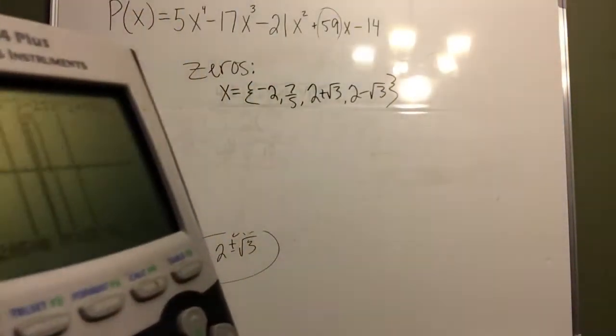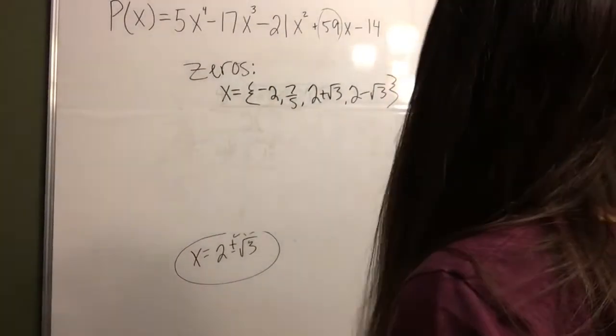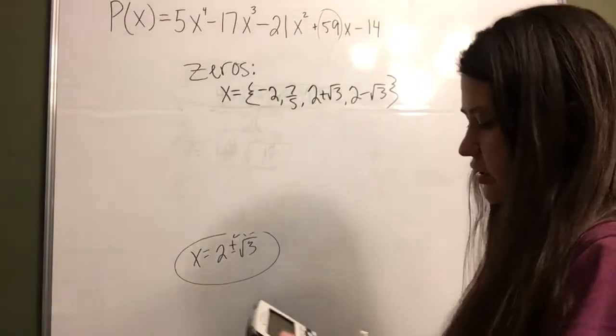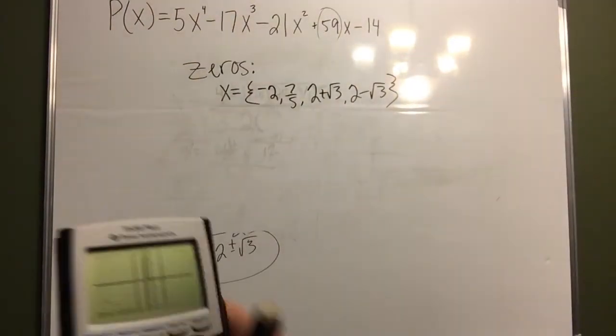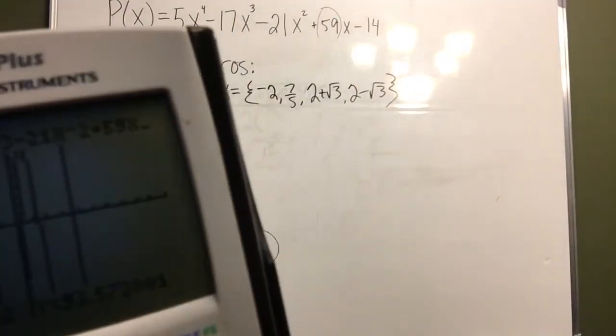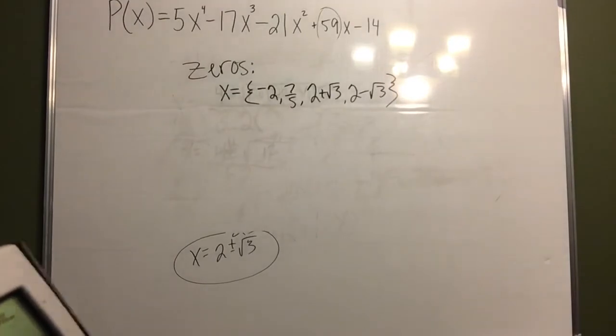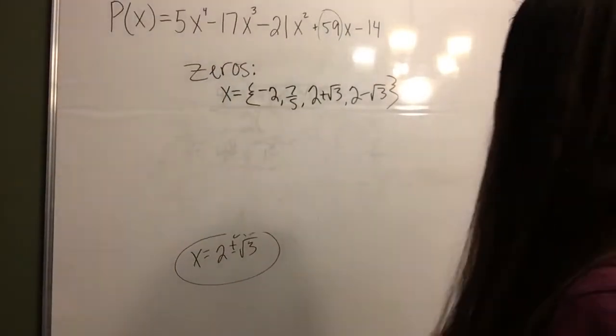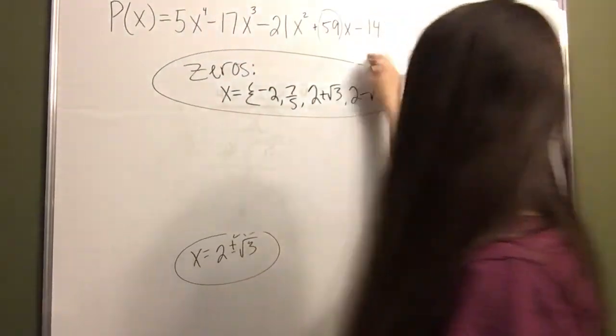Enter, and you get your x-intercept right there. See it blinking right on that x-axis? Sweet! We could also check 2 minus, but it's gonna work. If we do 2 minus square root of 3, there's the other 0 right there. Beautiful. Okay, so those are the zeros.